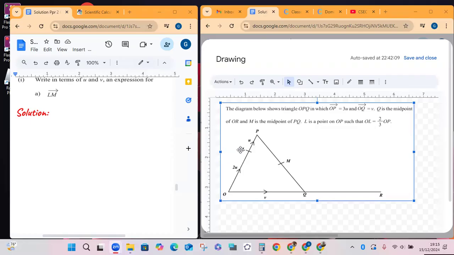So that means we cannot go from L to M directly. We have to go LP and then PM. So LM is equal to LP plus PM. Let's take note of that.